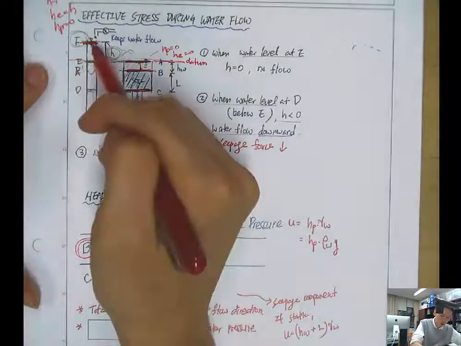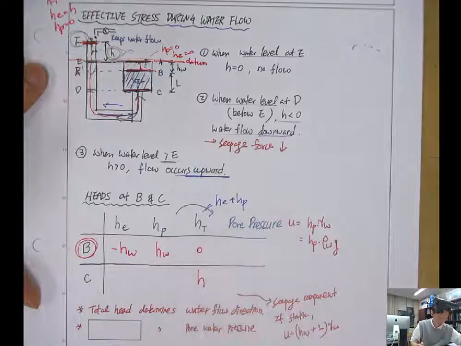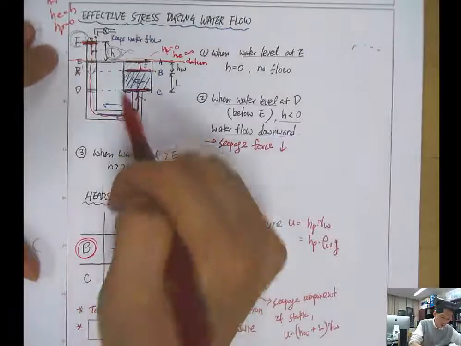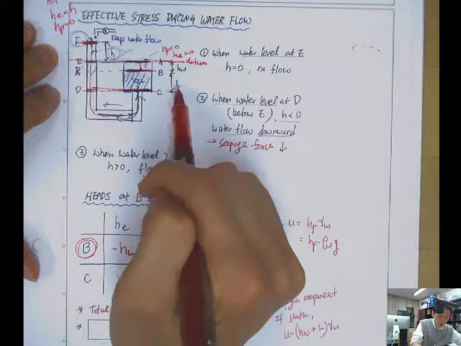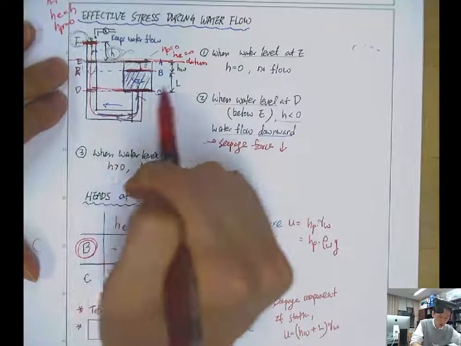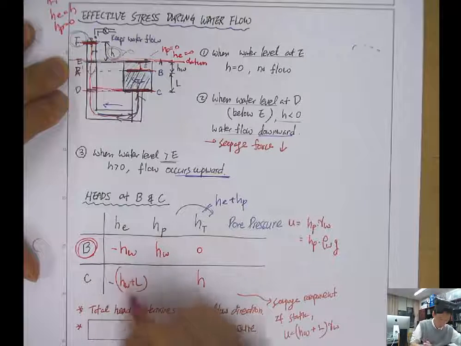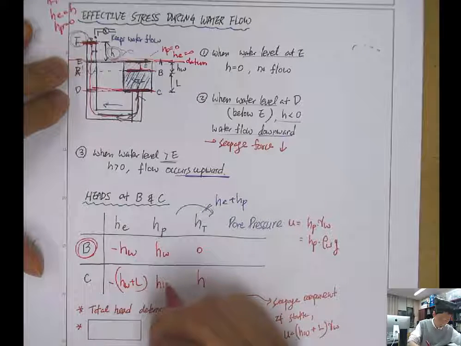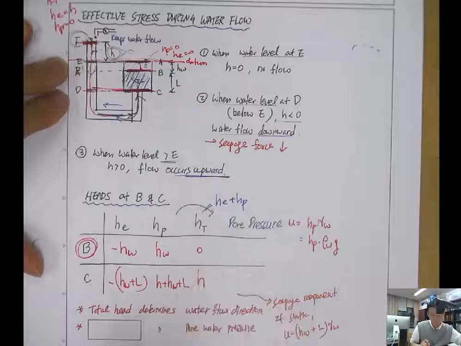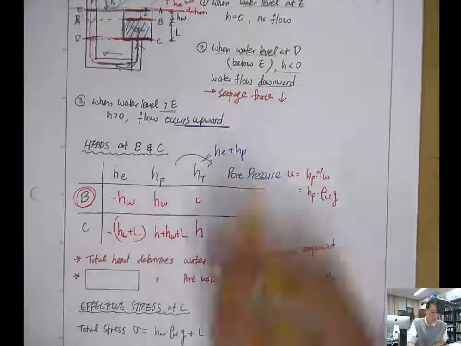So then this total head will be conserved to the bottom of the soil. So you have an H here. And we know the elevation difference, elevation head is minus HW minus L. So then from this and this, you can compute that pressure head is H plus HW plus L from the conservation.